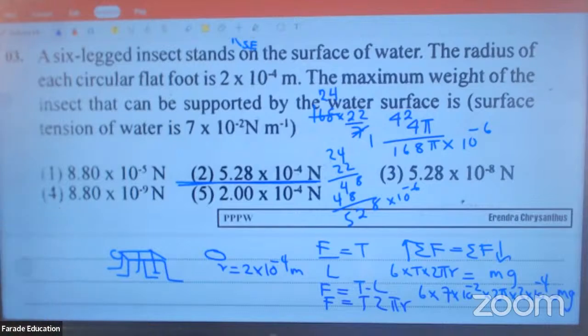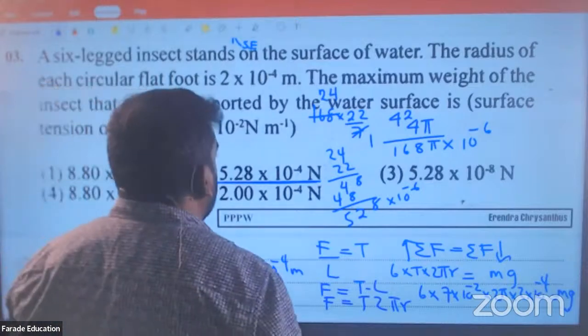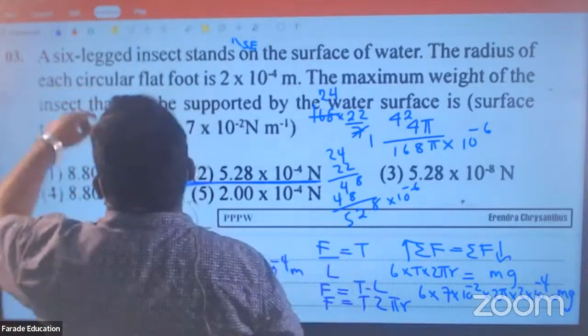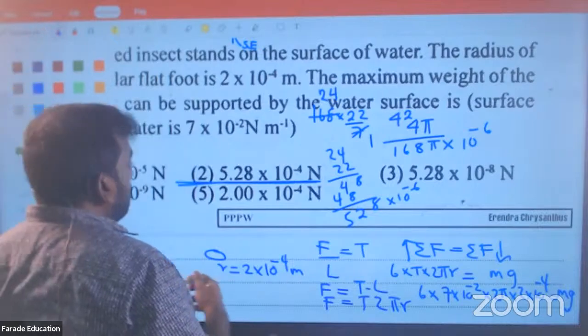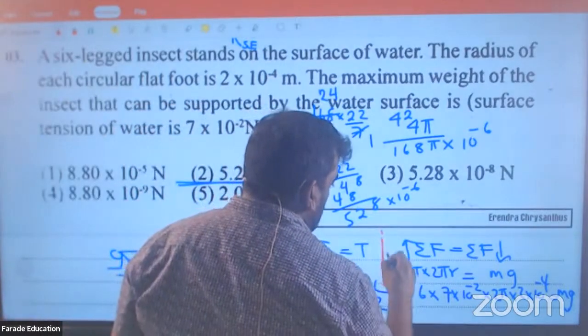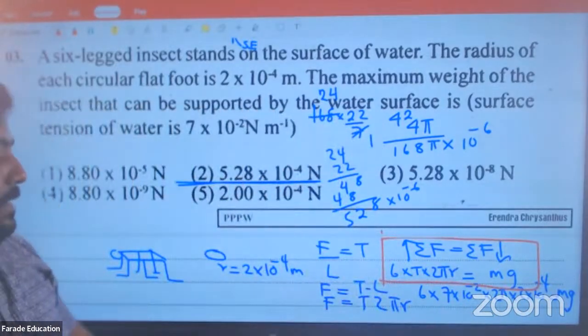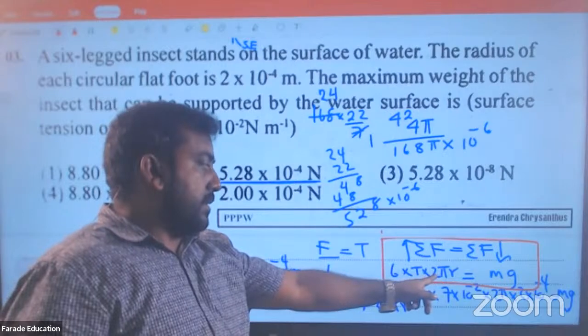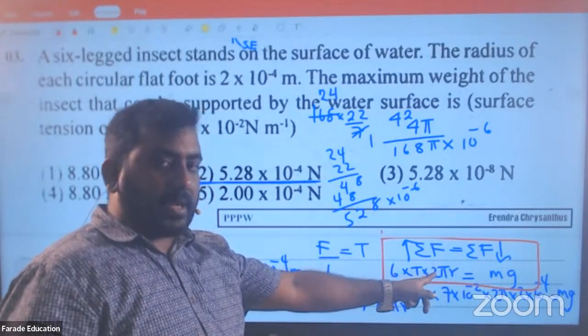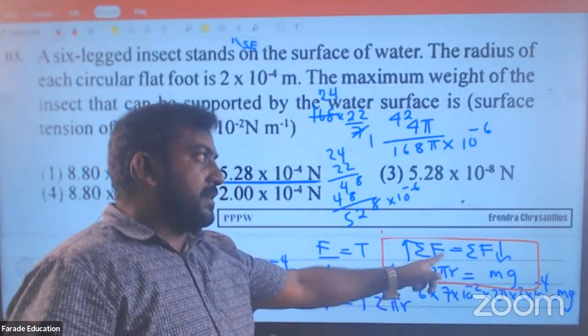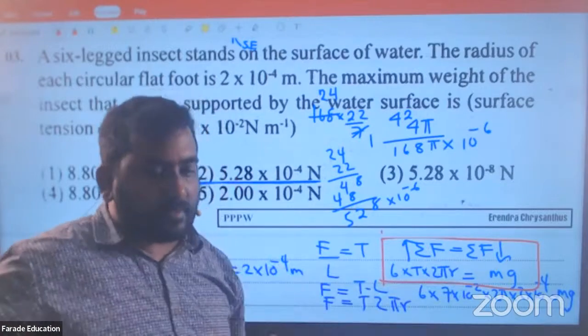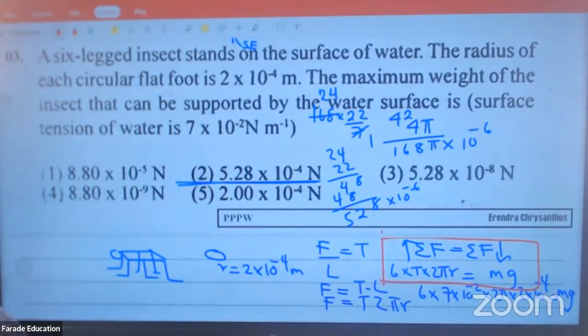Answer number 2. Okay, no? So here the basic logic, look at it very carefully. Basic logic is this. 6 times surface tension force of each leg balances the weight.